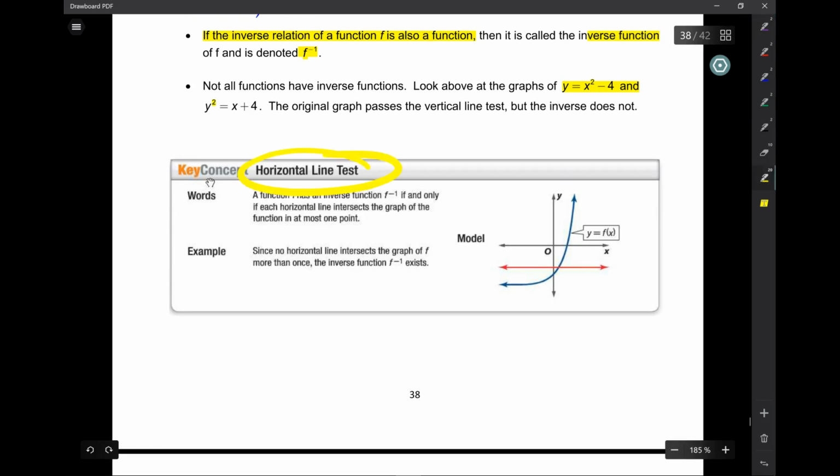If a function can pass the horizontal line test, that means its inverse will be a function. And we say it has an inverse function. Okay? So, something like this will pass the horizontal line test. A series of horizontal lines are drawn, and each one can only pass the graph once. Right? So this will have an inverse function.